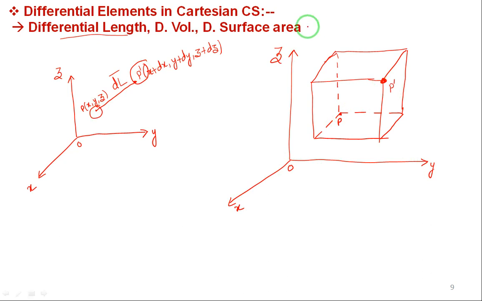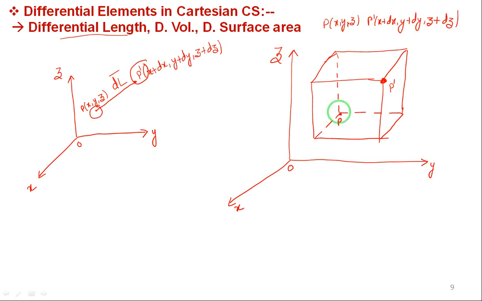The coordinates of P are x, y, z, and the coordinates of P dash are x plus dx, y plus dy, z plus dz.